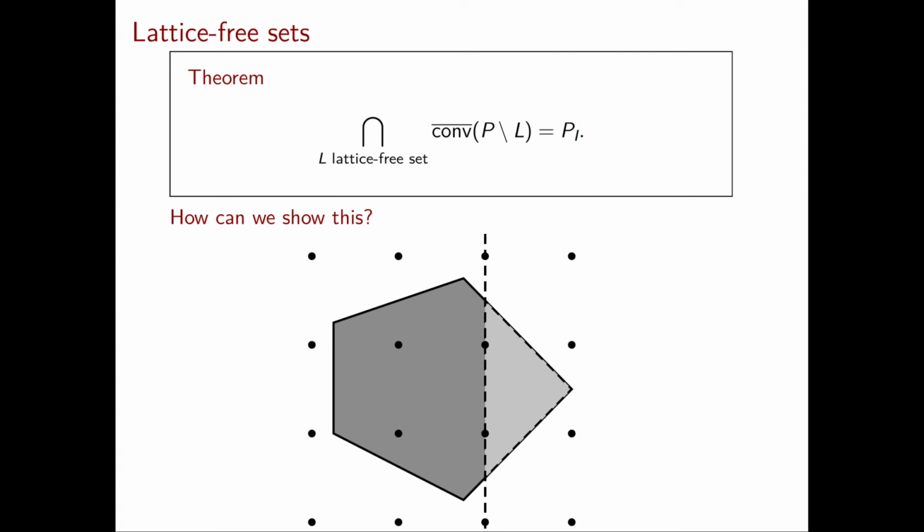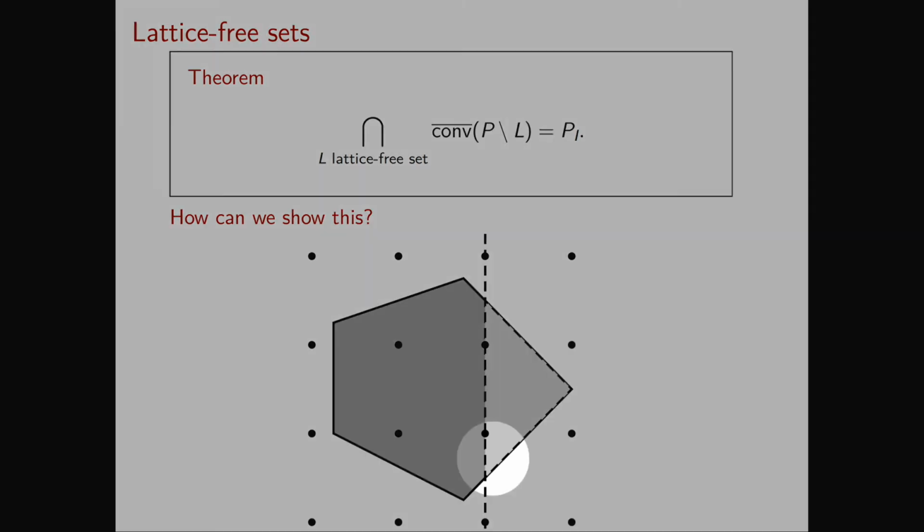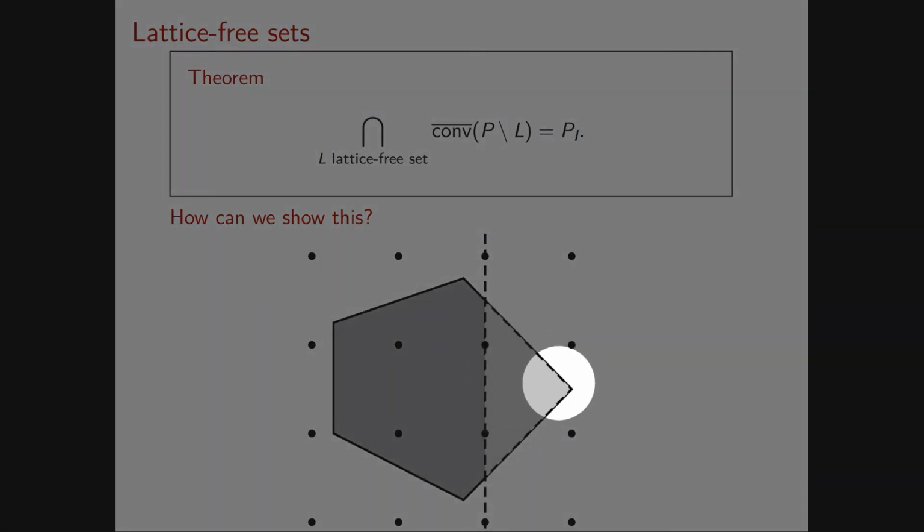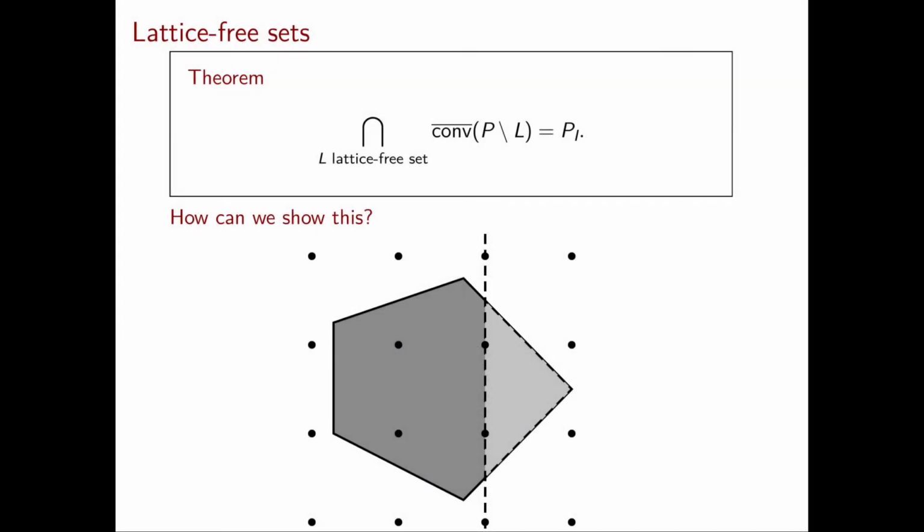In fact, everything we need to do is enlarge this lattice-free triangle just a little bit so that we bring these two edges of the polyhedron in the interior of the triangle. So in the picture, we just enlarge the triangle in this way.